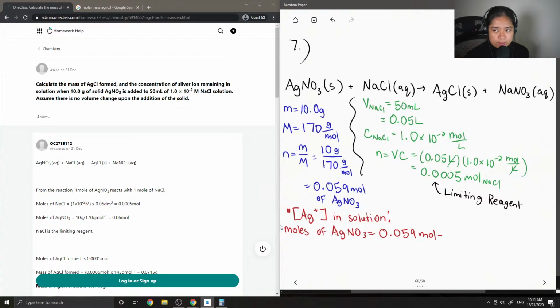So since everything's at a 1-to-1 ratio, only 0.0005 moles reacted with the sodium chloride. So now let's just find the difference between the two.